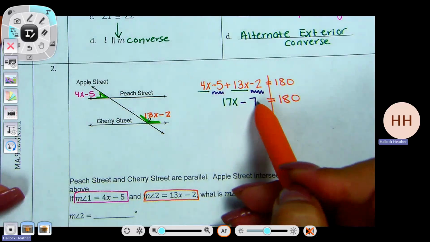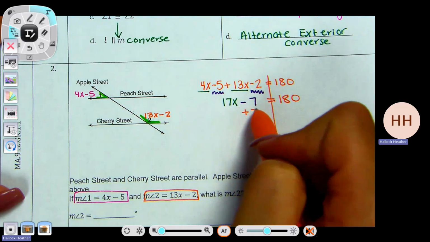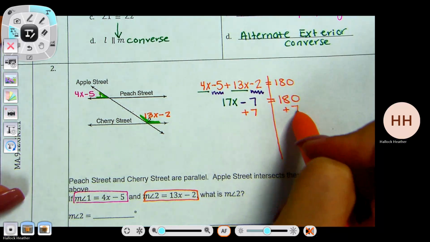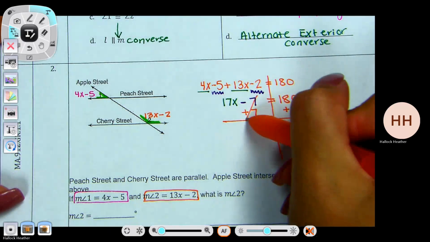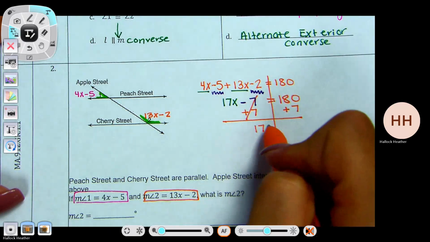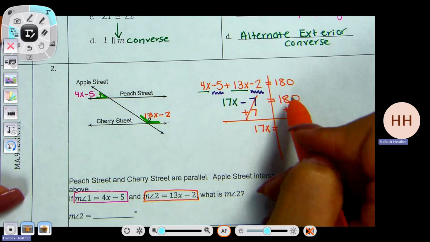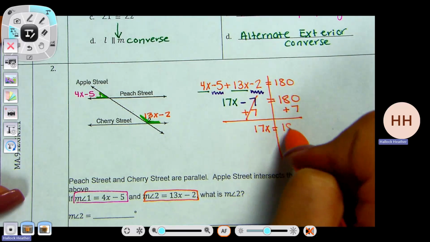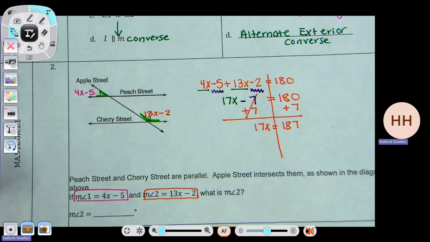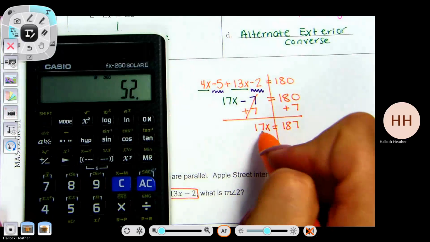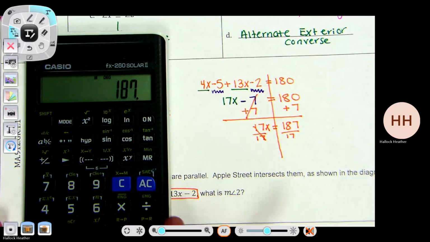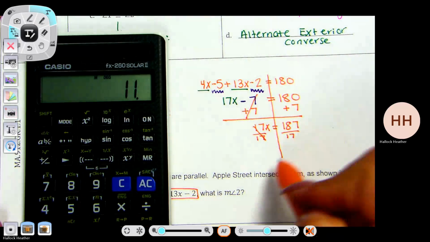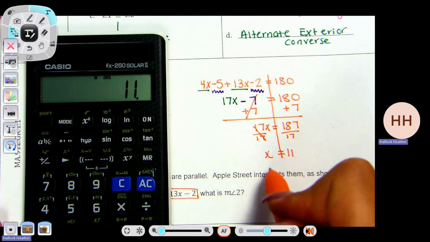So the opposite of minus 7 is plus 7. 180 plus 7 is 187. And then last step is to divide. X equals 11.